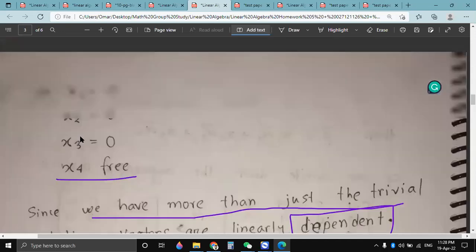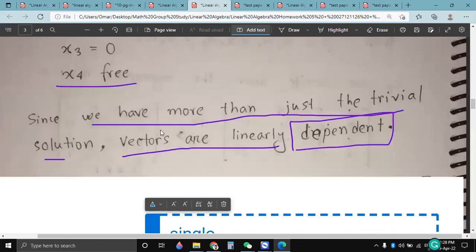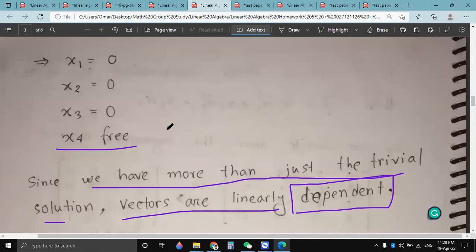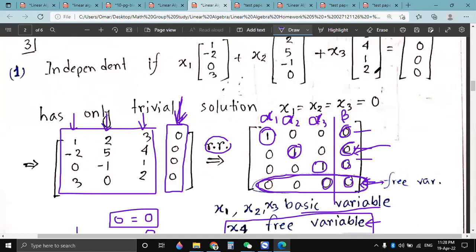So as you see here in this RREF form, the rank of this matrix is 3, right?